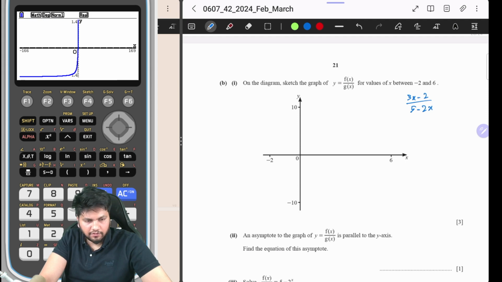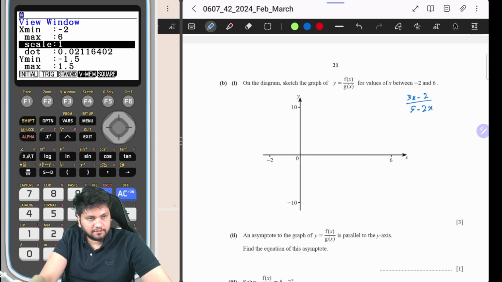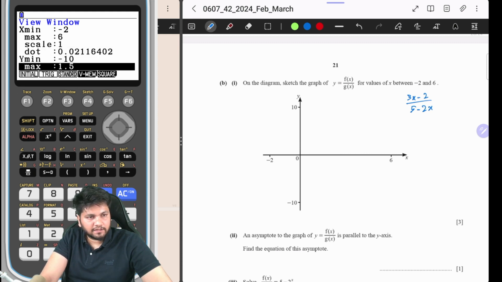We will just use these values whatever they have mentioned. View window, x minimum is minus 2, maximum is 6. Y minimum is minus 10, maximum is 10.